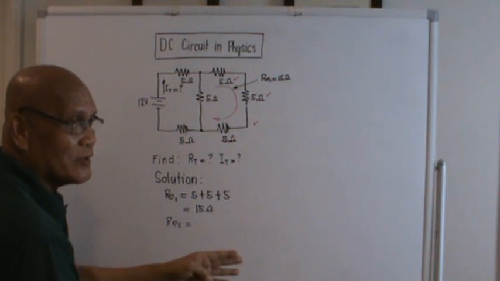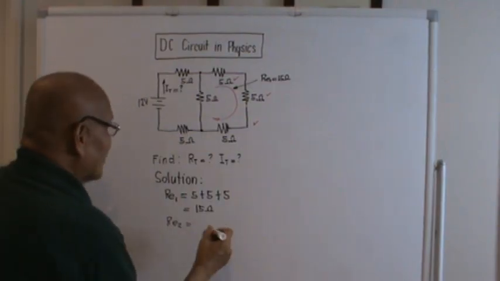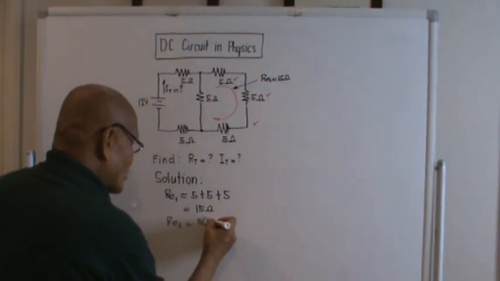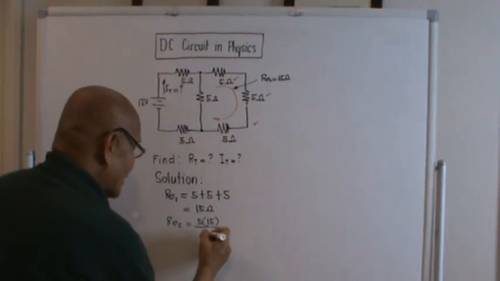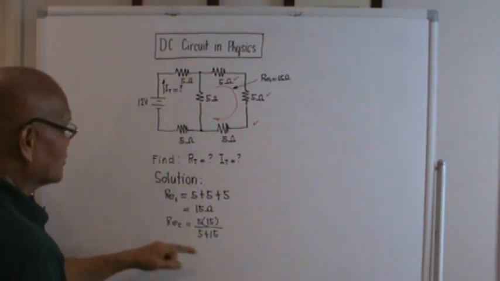If we try to take the single equivalent, it will be the product all over the sum. So the first resistance will be 5, the second resistance will be 15, all over the sum, that is 5 plus 15. Okay? Product all over the sum.